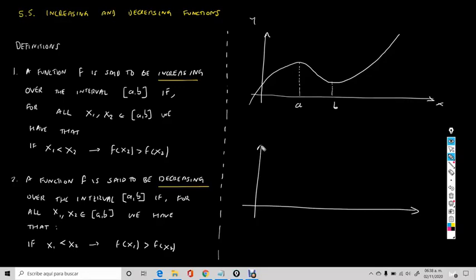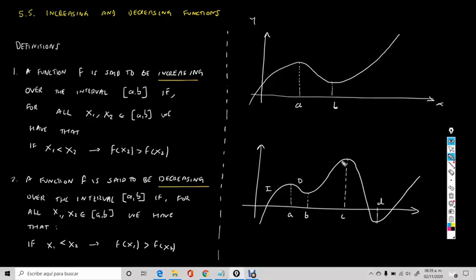For example, I can create another function that does something like this, okay? And I can spot these one, two, three, four parts. Let's call them A, B, C, and D. And I can see that the function is increasing from minus infinity to A. And then from A to B, the function is decreasing.